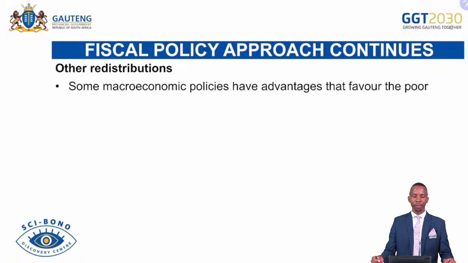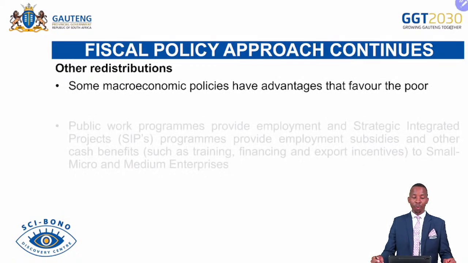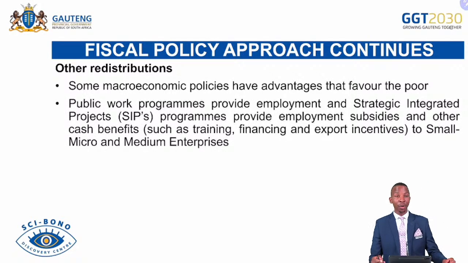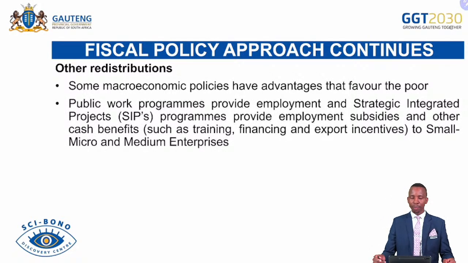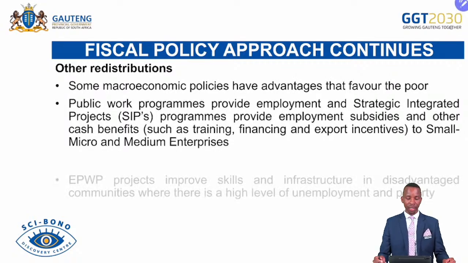Other redistribution. Some macroeconomic policies have advantages that favor the poor. Public work programs provide employment, and strategic integrated projects, which are SIPs, provide employment subsidies and other cash benefits such as training, financing, and export incentives to small, micro, and medium enterprises.